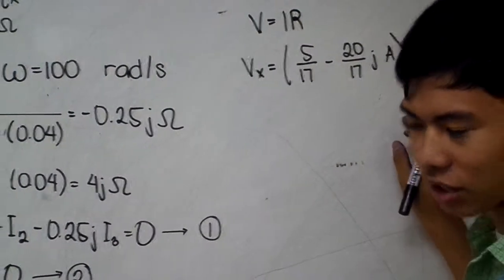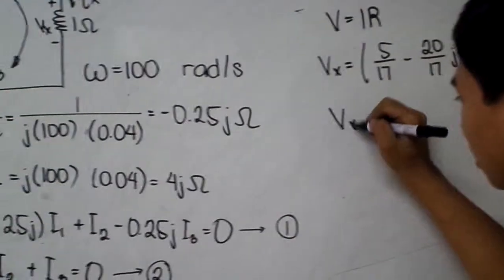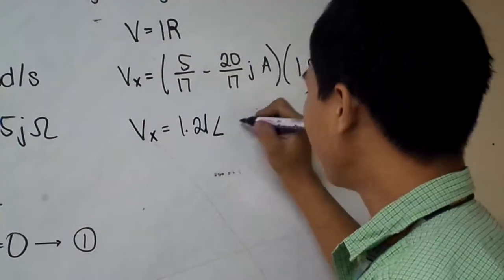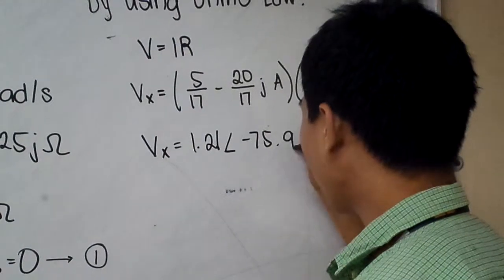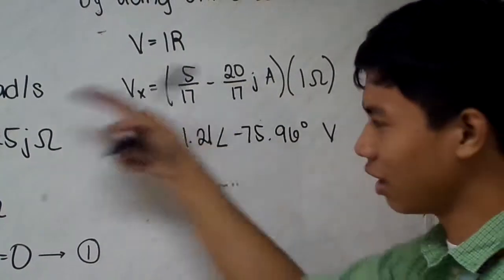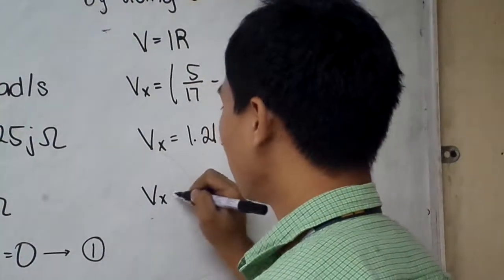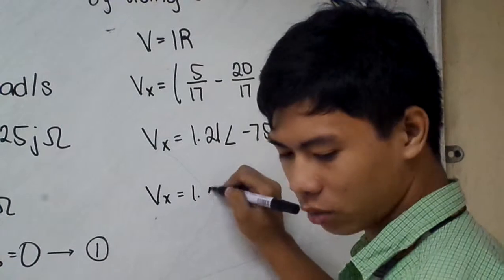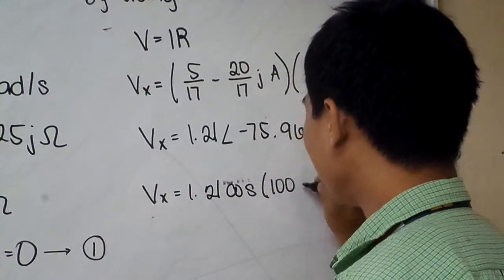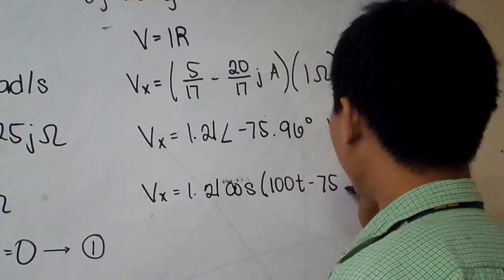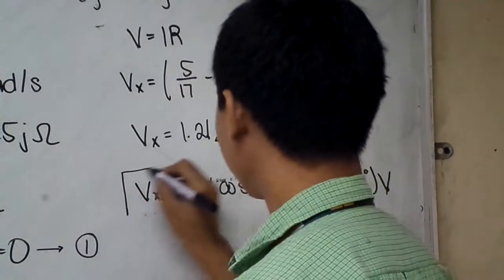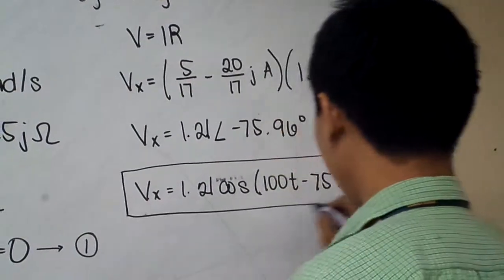And solving this equation, we will have Vx equal to 1.21 angle negative 75.96 degrees volts. Putting this into the time domain, we will have Vx is equal to 1.21 cosine 100t minus 75.96 degrees, which is what it is.